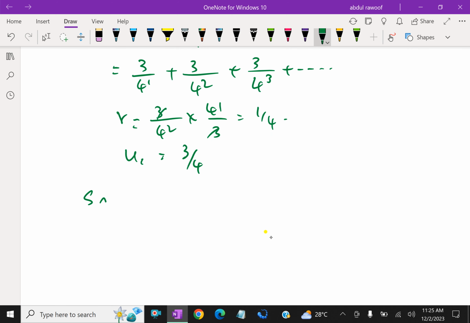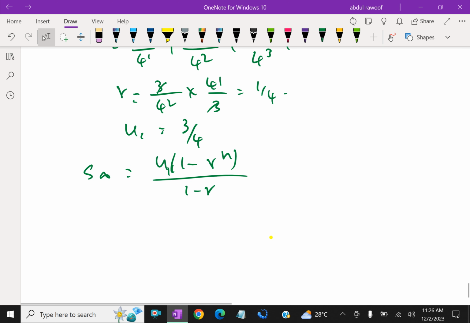Then S infinity is u1 times (1 minus r to the power n) over 1 minus r. As n approaches infinity, r to the power n approaches 0.